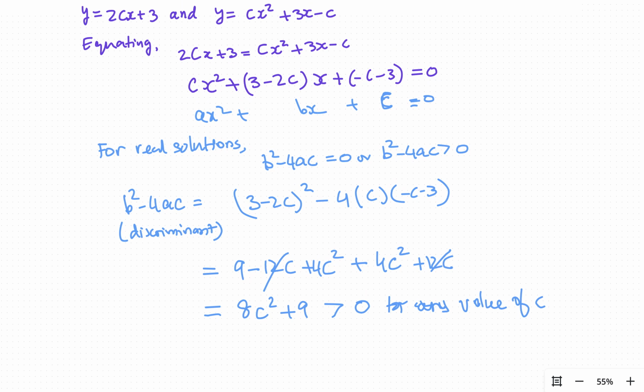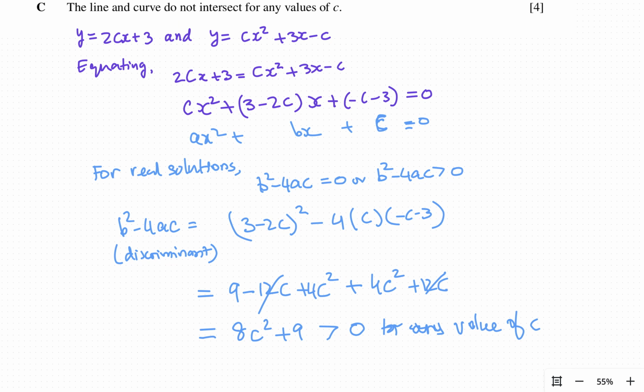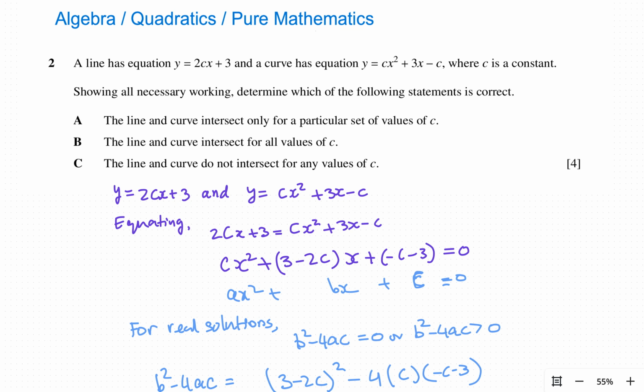So this is greater than 0, so a solution is possible. Hence, our answer is B, the line and the curve will intersect for all values of c. So here, this is the answer.